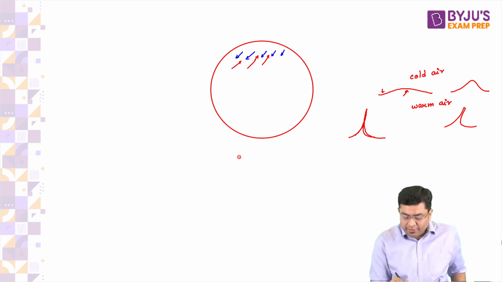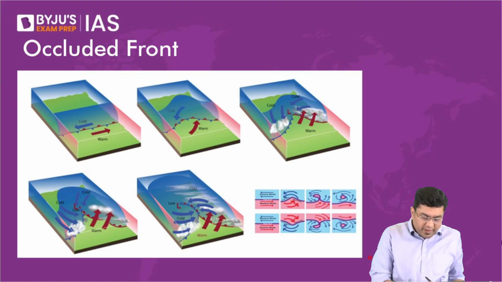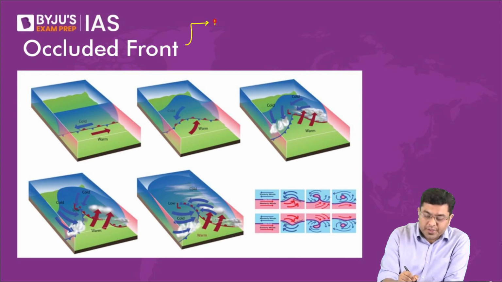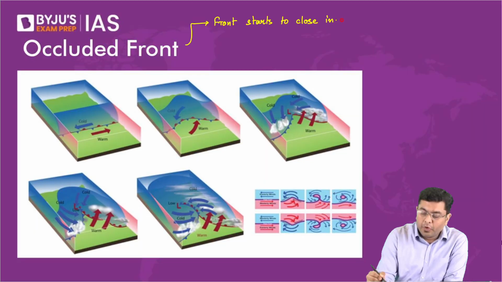So an occluded front is when the front begins to close in from all different sides. So cold air is something which will be dominant.